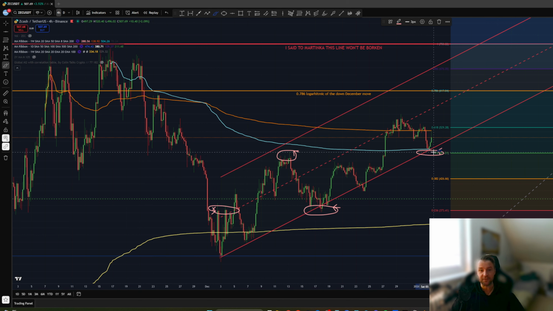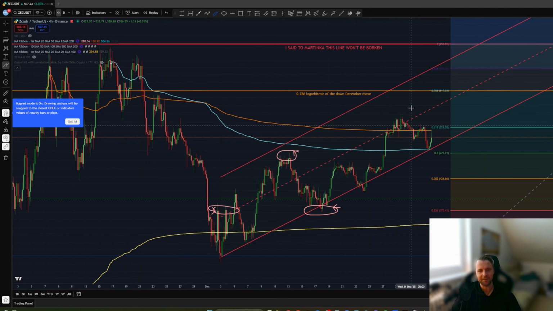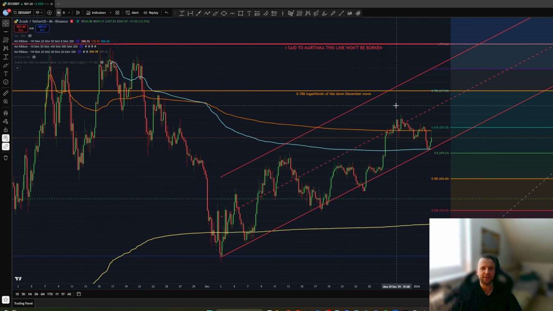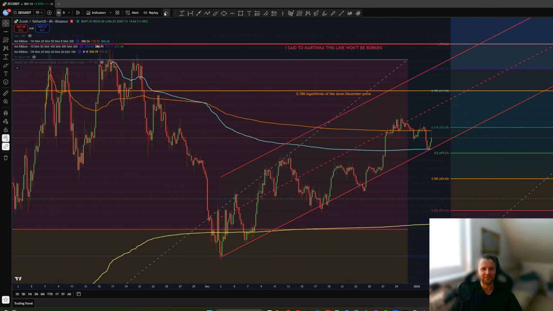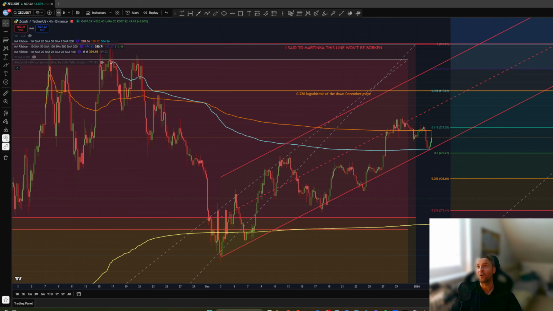So 475, like I've already told you from a different perspective, is where we're going to go. And I do think we are also going to hit this orange line, so 617 sometime in January could be the top. This is done by a different scale, a different Fibonacci measurement, so you can see the confluence there.